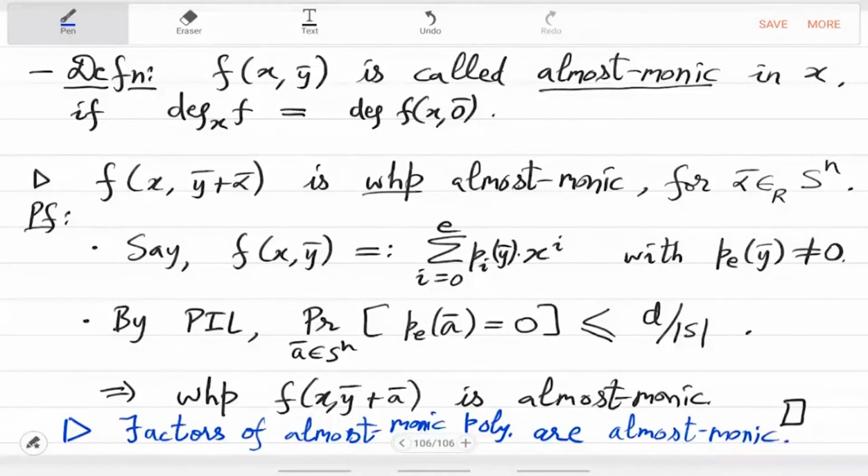So this is a useful property that we will be keeping at all the steps of the algorithm, that we are only working with almost monic polynomials, and so whatever factors we are getting are also almost monic. This property is for free once you have PIL.